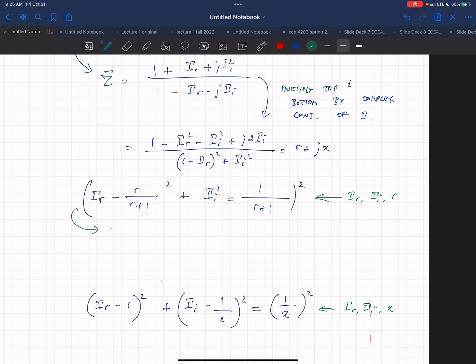So this guy is a circle with center at r over r plus 1, 0, and radius 1 over r plus 1.